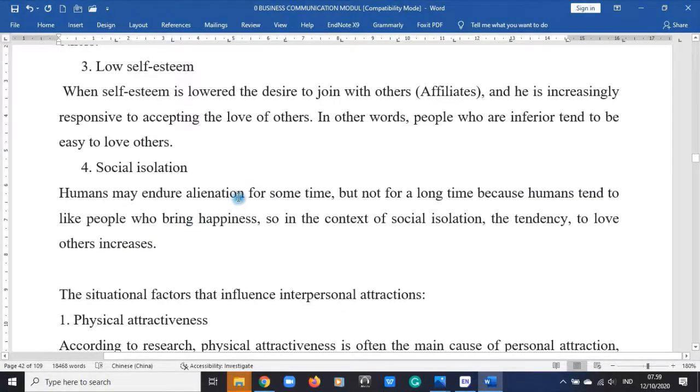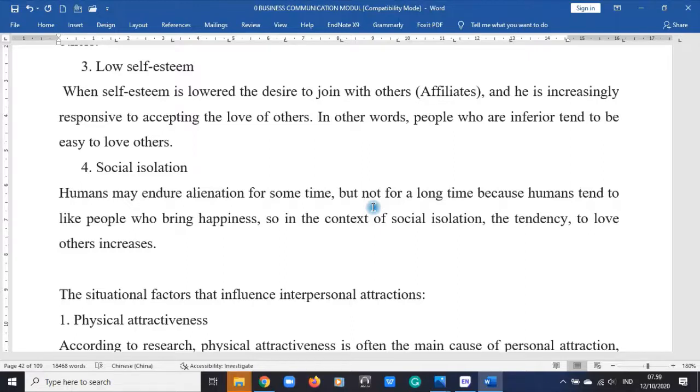And then four is social isolation. Humans may endure alienation for some time, like we're alone only for some time, but not for a long time, because humans tend to like people who bring happiness. Do you agree with me?